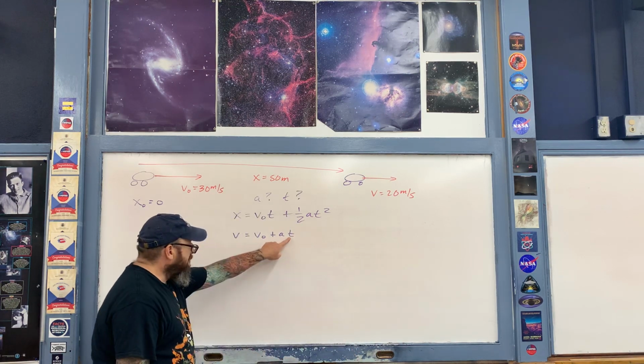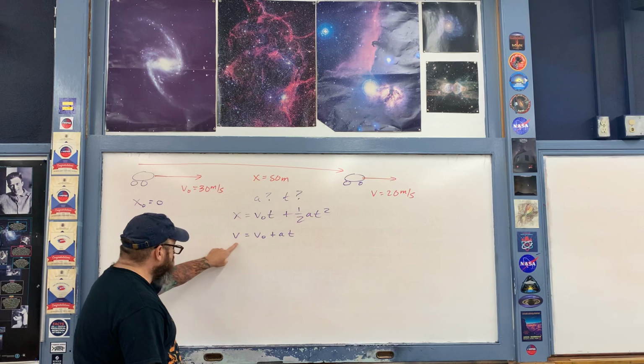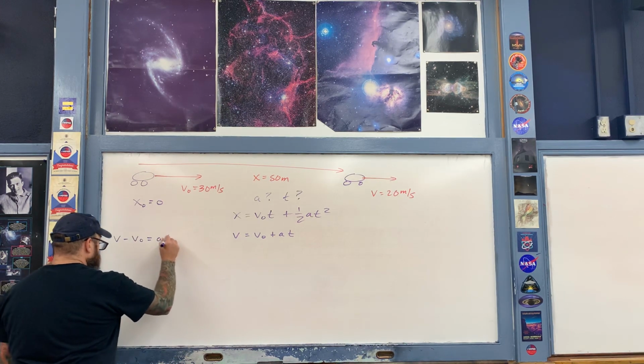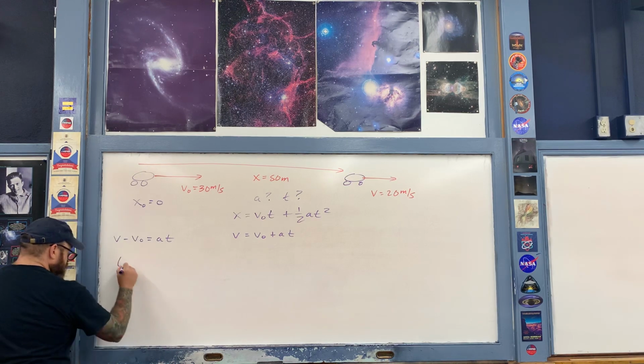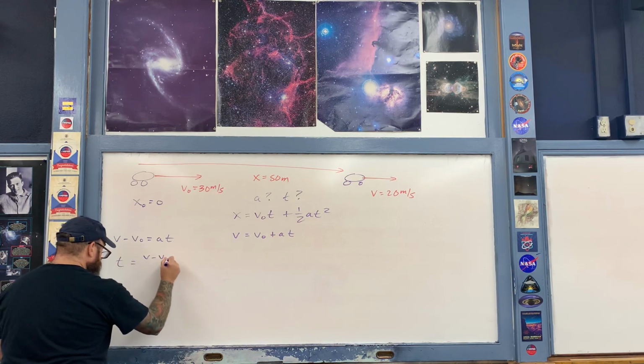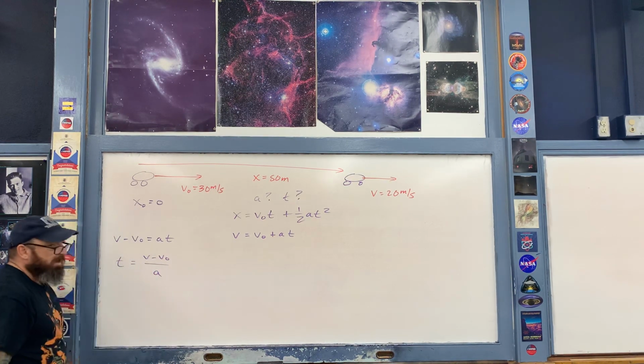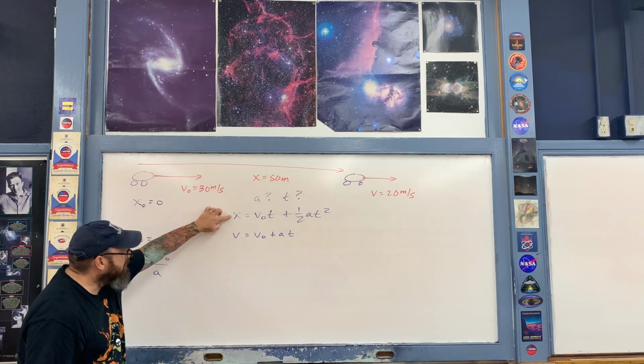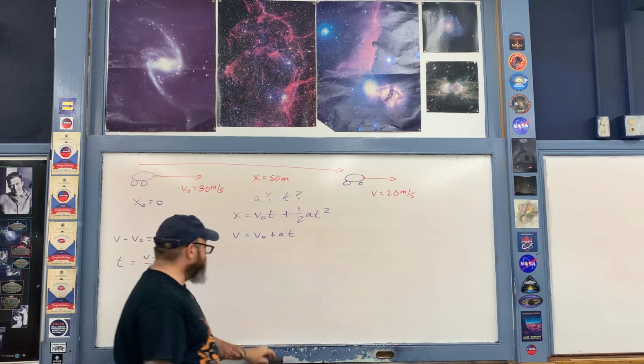So to solve for the time t, first of all, move the v0 here to the other side, like so, and then divide by the acceleration a, like so. And now I take this expression for the time, and now I plug it into my position equation.